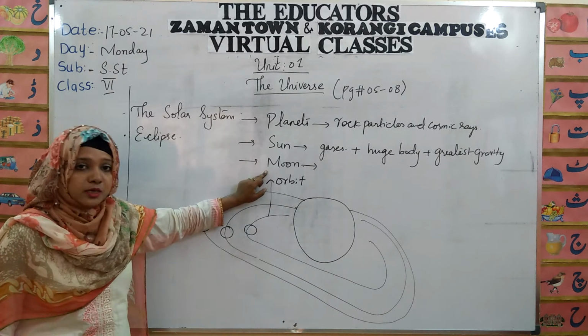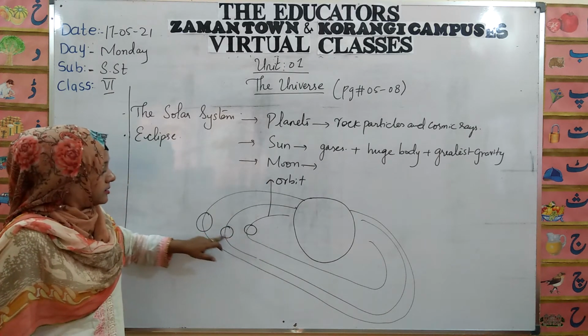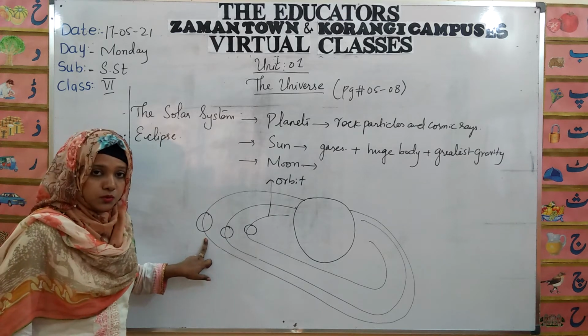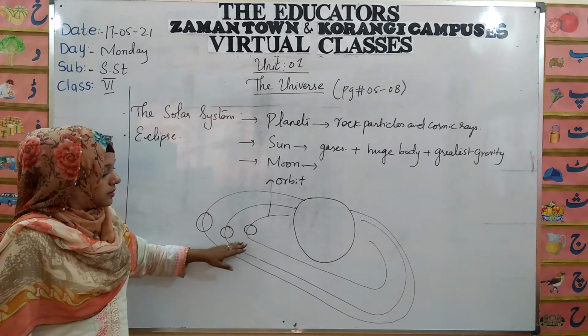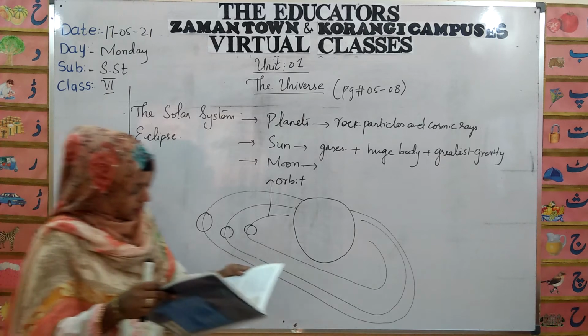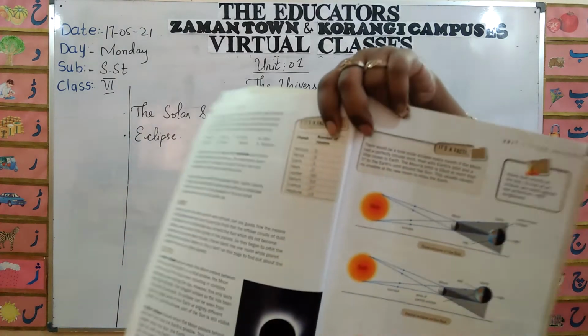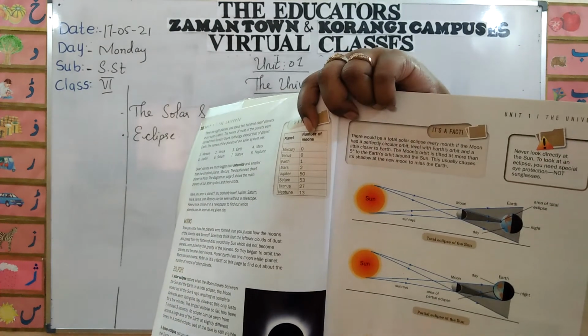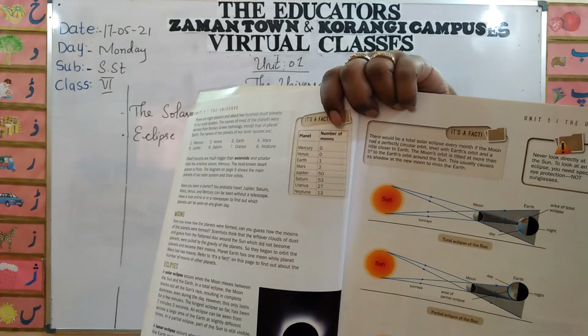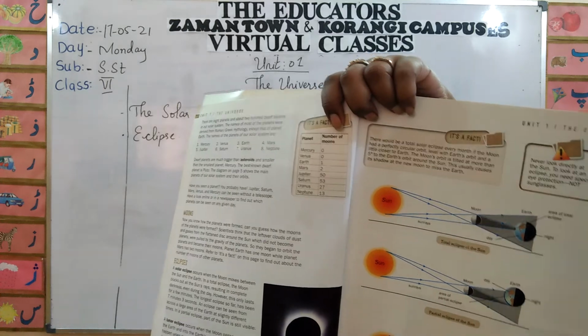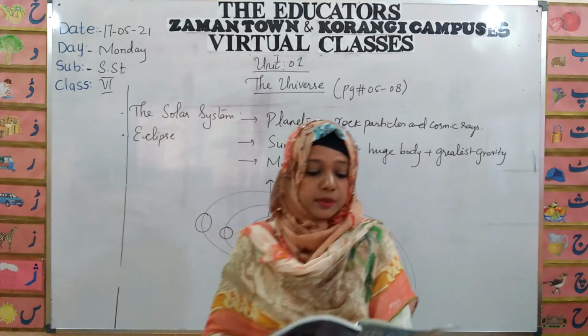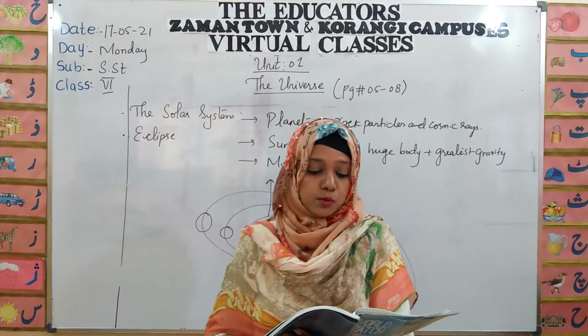As far as the moon is concerned, every planet has its own moons. Their number is different. You can see on page number 6, the chart is given to you. Here they have mentioned how many moons each planet has. Mercury has no moon.